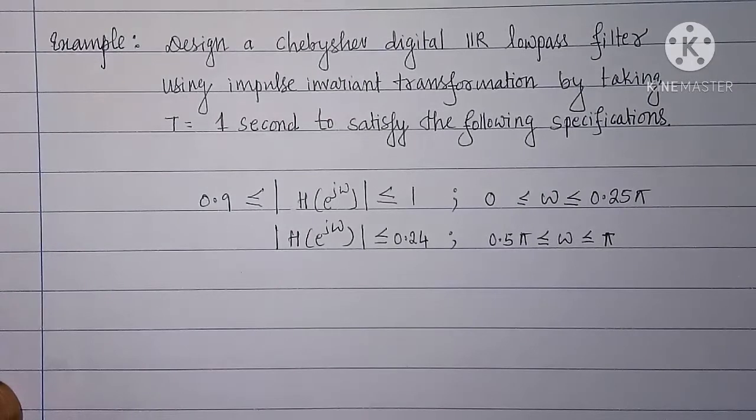So these are the given specifications to us. To satisfy these specifications, we have to design a Chebyshev digital IIR low pass filter using impulse invariant transformation taking capital T, that is sampling time, equal to 1 second.